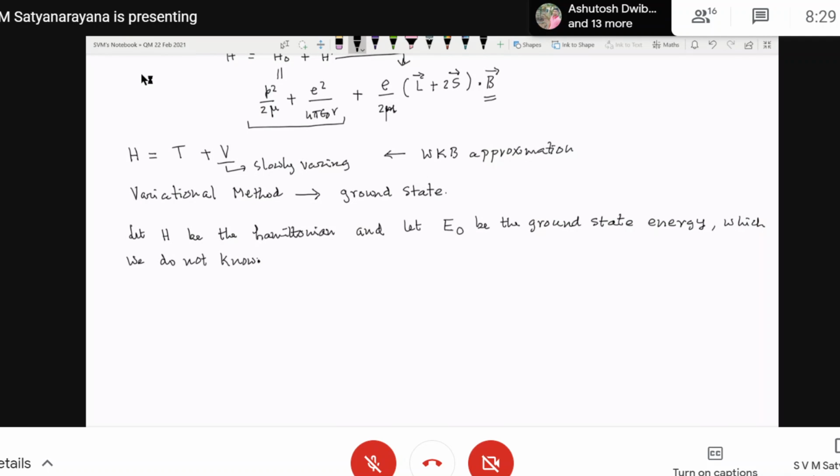Now, for any state psi, this is not necessarily an eigenstate of H. This is not necessarily the ground state.